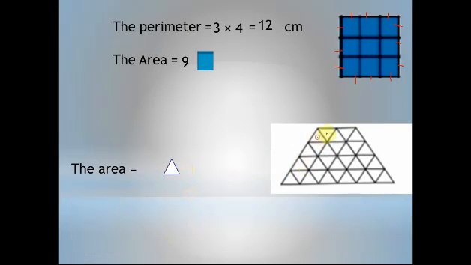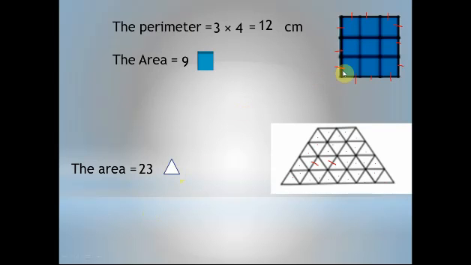So together here it's 1, 2, 3, up to 32. So the area for this one equals 32 triangle units.